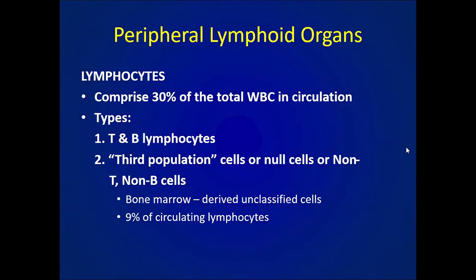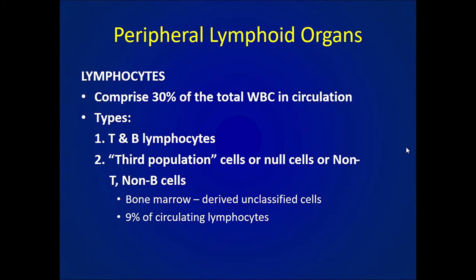So, what are the cells involved in the lymphoid system? We have the lymphocytes. These comprise about 30% of the total WBC in circulation. We have the T and B lymphocytes. And then we also have the so-called third population cells, also known as the null cells or the non-T, non-B cells. They can also be derived from the bone marrow, but they are unclassified.